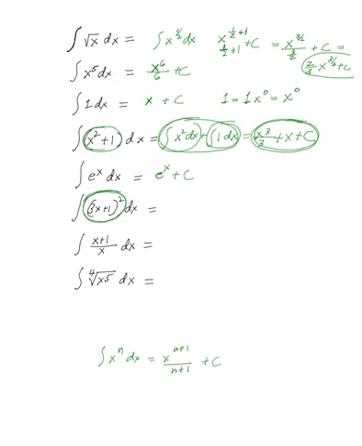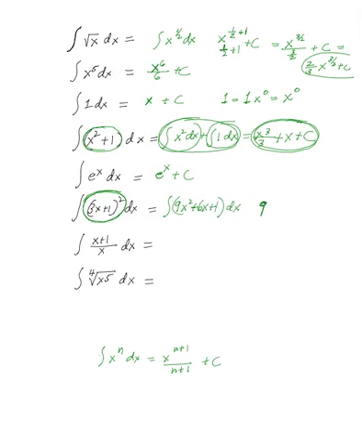What I need to do is rewrite this as 9x squared plus 6x plus 1. Remember, I did FOIL. And now, the antiderivative of a sum is the sum of the antiderivatives. I'm not going to write that step. Also, I've got an antiderivative shortcut that says you can just bring constants out front.